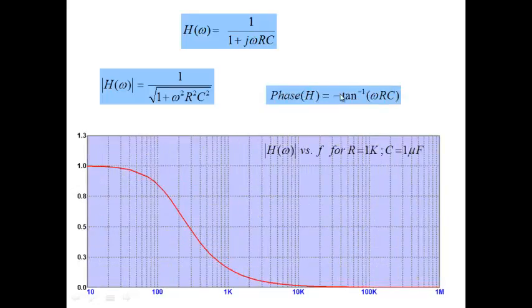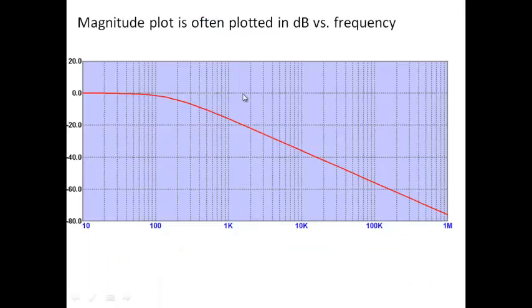And if we plot it out, this is the plot of the magnitude. And similarly, I can plot the phase. If I plot the magnitude, at lower frequencies it's flat, and at higher frequencies it begins to drop. But it's more interesting to plot this not in the linear domain, but in terms of dB.